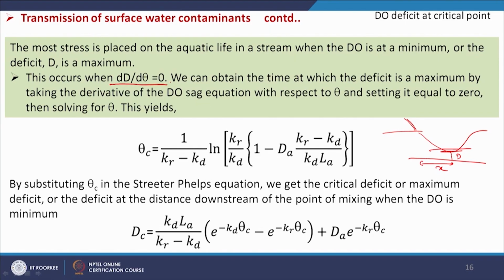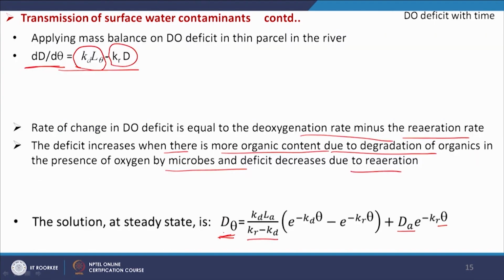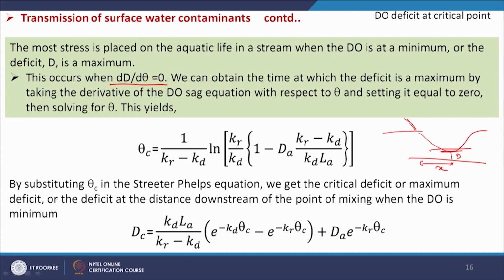So, by simplifying, we get the derivative dD by d theta, put it equal to 0, and the corresponding theta value is theta c, and theta c will be 1 by (kr minus kd) ln of kr by kd into [1 minus Da (kr minus kd) by kd La]. This is the expression we get for theta c, the critical time required to reach the DO value at the minimum position.